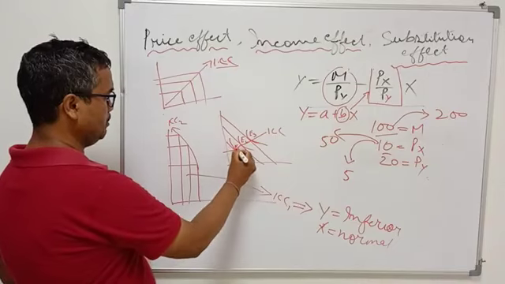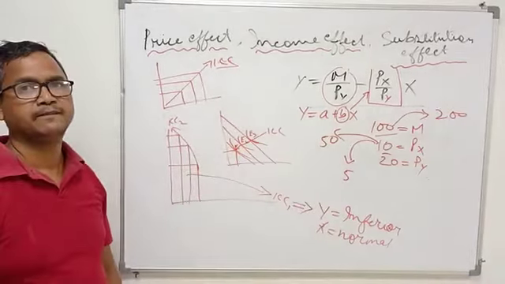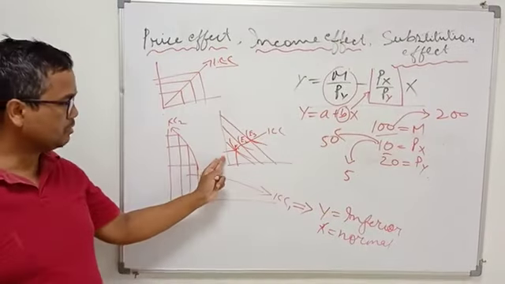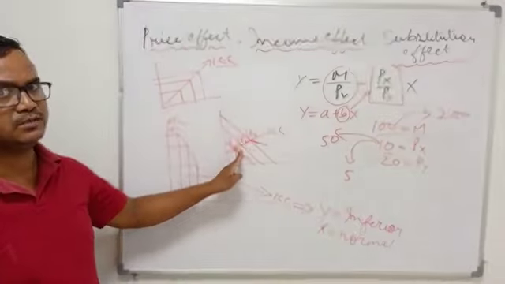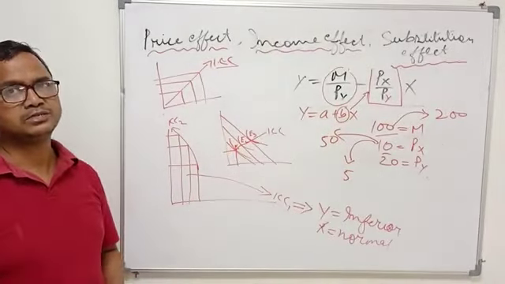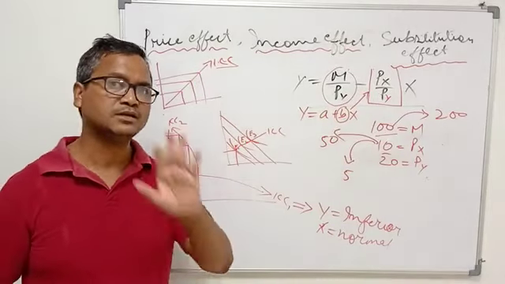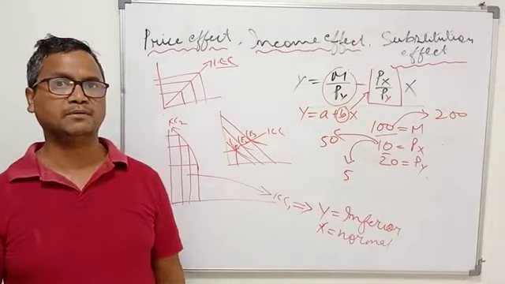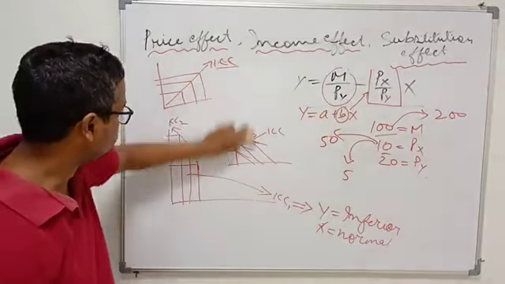That is movement from a lower equilibrium point to a higher equilibrium point. Because of the change in your income, the equilibrium point is changing. Your satisfaction level is also changing. So this is known as income effect. It is the change in the consumption of goods and services due to changes in income.